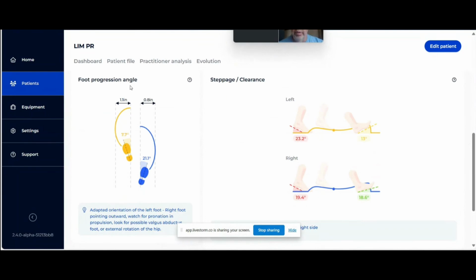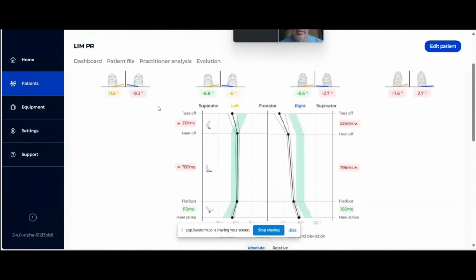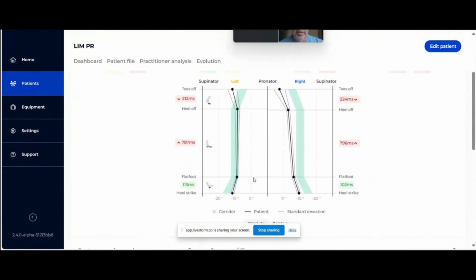So let's look at the foot progression angle. So the foot progression, oops, I need to go back here because I didn't explain this, and I'm used to talking to people that might know exactly what this is. So this green corridor, that is considered to be the normative trajectory, right? And again, keep in mind that this is a foot inside of a shoe. So it's a combination of a model. In particular, think about like a block model where we are using a component of pronation, supination with eversion, inversion, but looking at the trajectory or the foot pathway through that ground contact time.